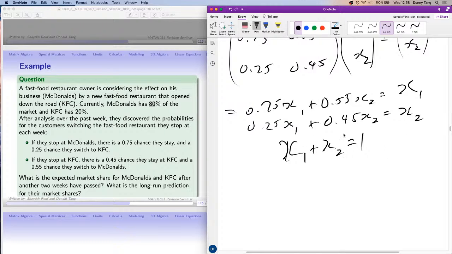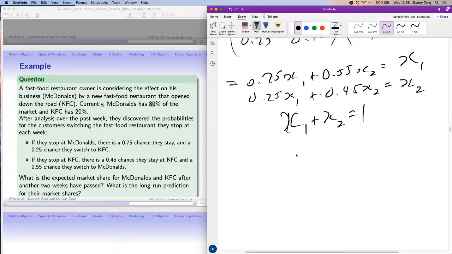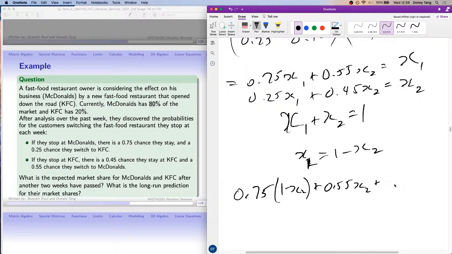I'm not sure if I should solve it because it is very time consuming, but basically we say x1 equals 1 minus x2, and then we go over here and we do 0.75 times (1 minus x2) plus 0.55 x2.